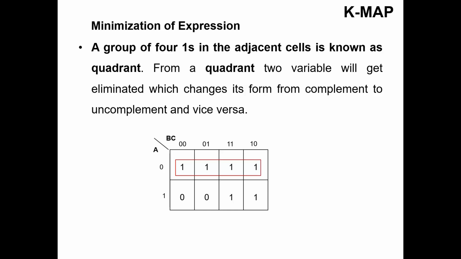From this group, two variables will get eliminated from A, B and C. Which variables? Those that change. Here B and C are changing, so these two will get eliminated, and the output for this group will be A bar.